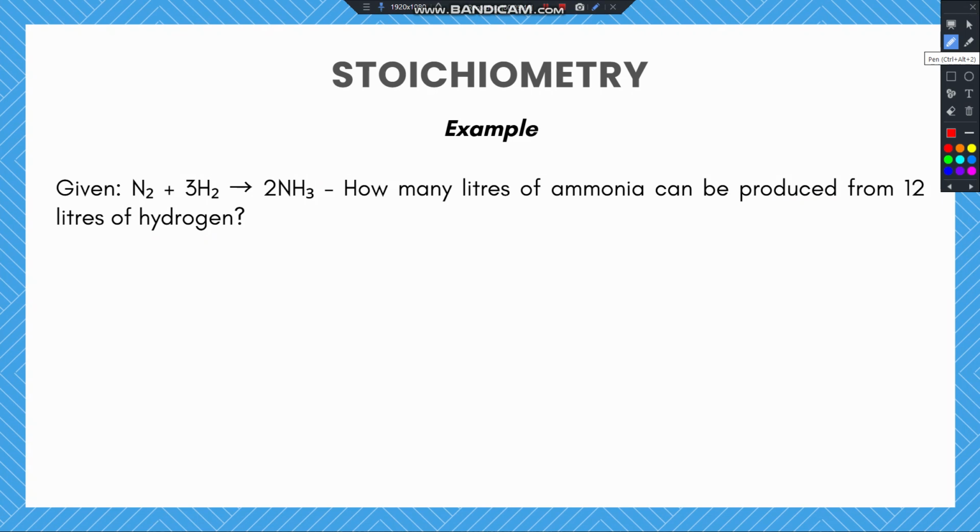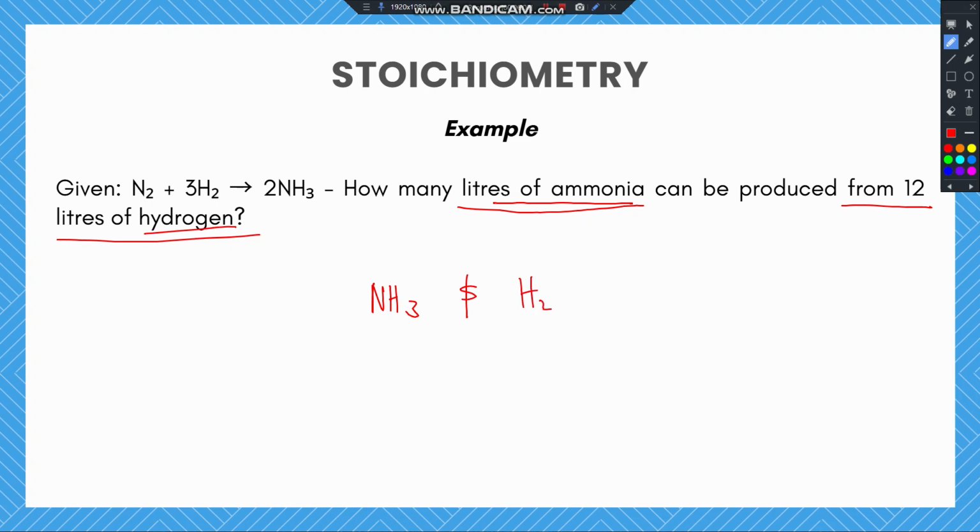Let's handle another one. We have this question on the screen and they're saying how many liters of ammonia can be produced from 12 liters of hydrogen? Well, let's set up the volume ratio first. How many liters of ammonia? We have ammonia NH3 and we have hydrogen H2.